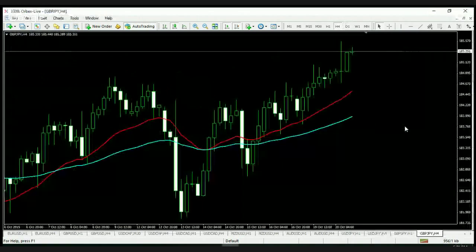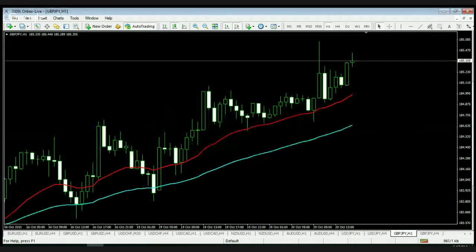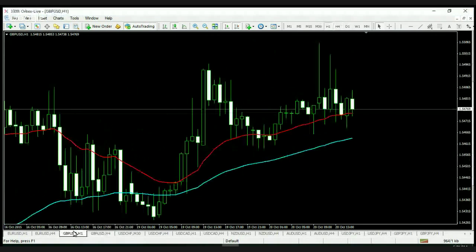Pound yen, again uptrend. See, nice uptrend.